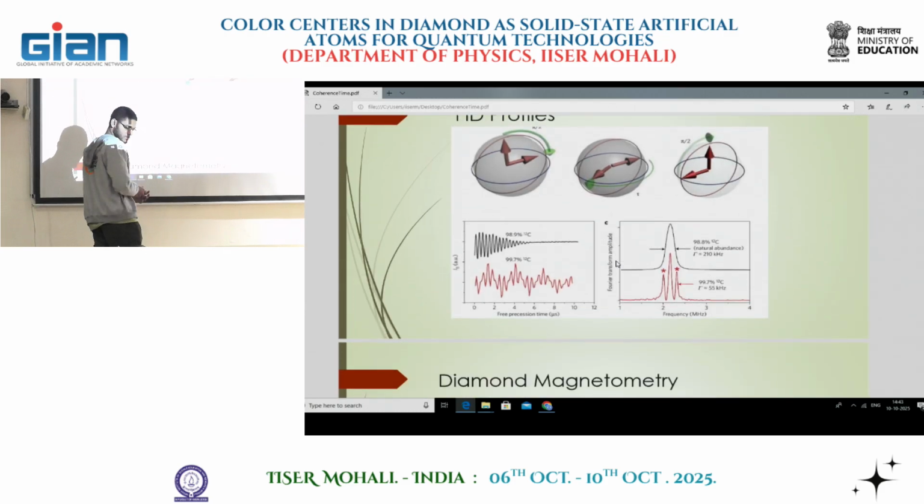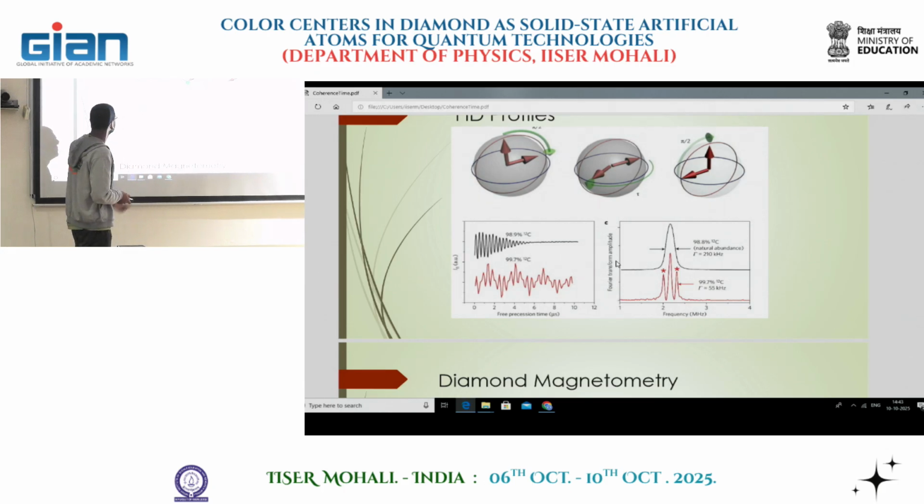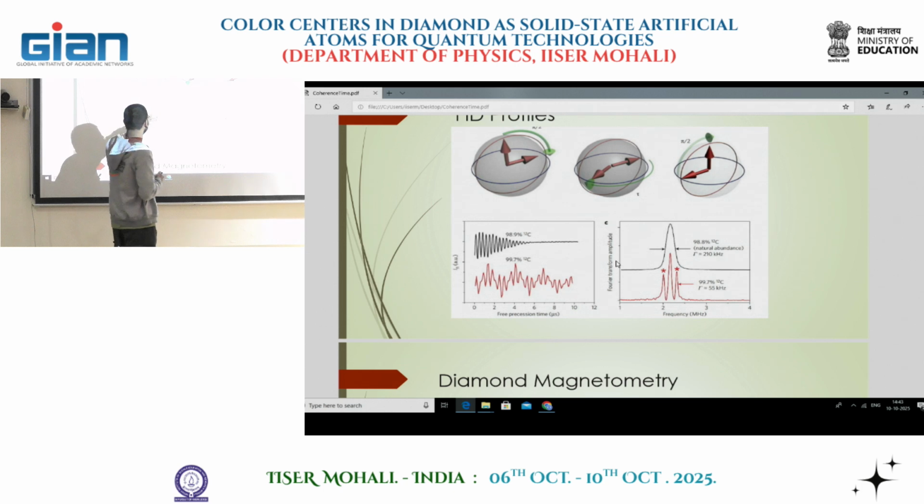So they also looked into the FID profiles after they created the substrate. Within an external magnetic field, they first initialize the system by applying a green laser pulse, then they apply a radio pulse of pi by 2, and then for a time tau they let the system evolve freely.